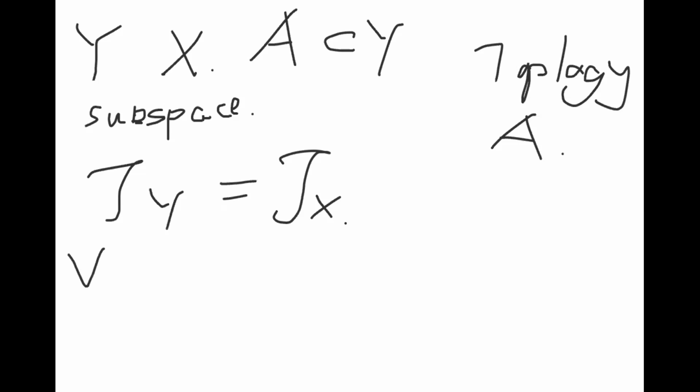So the topology A inherits from Y can be written as A intersects V, where V is open in Y. And the topology A inherits from X is A intersects U, right?